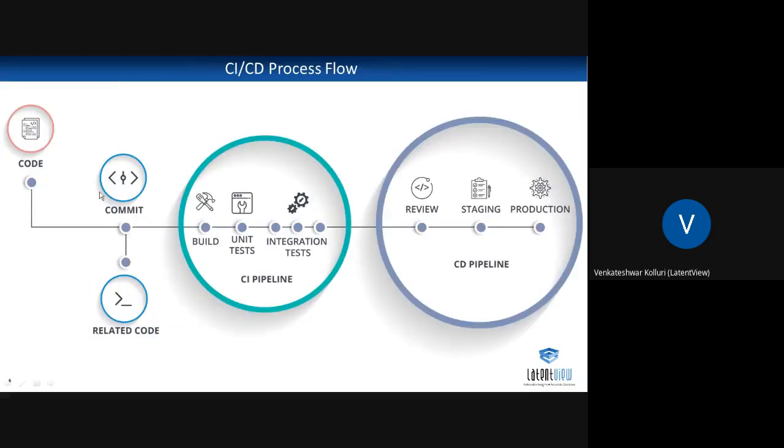This is a generalized process flow that is available for CI/CD. Whenever code is committed into your repository, all this process takes place. Your unit testing and sanity testing are done. Once it is through, we create a build. Once that build is available for deployment, a release pipeline is triggered.